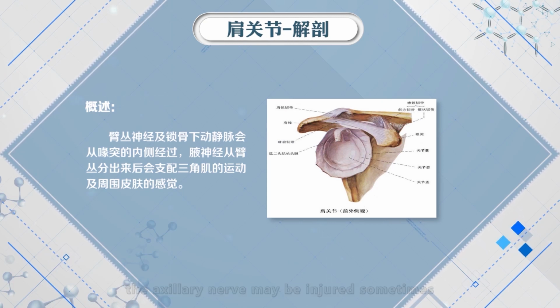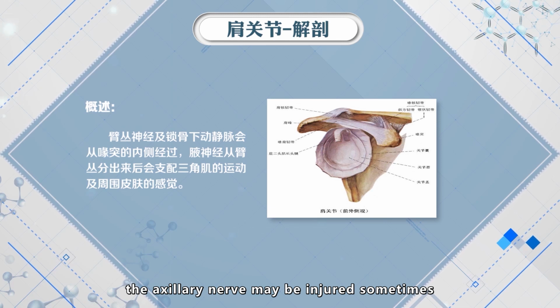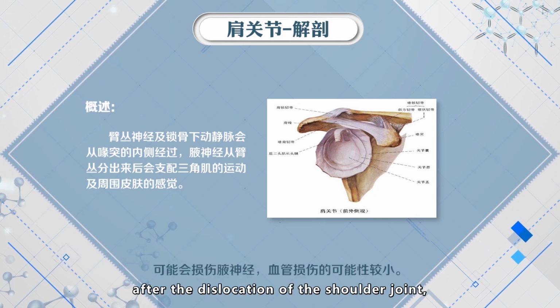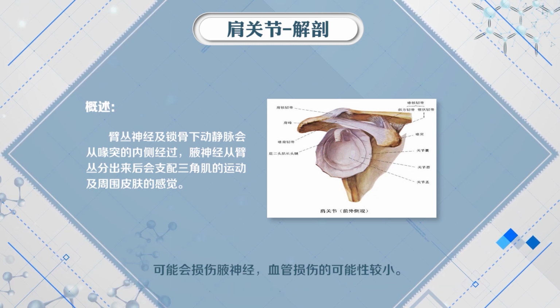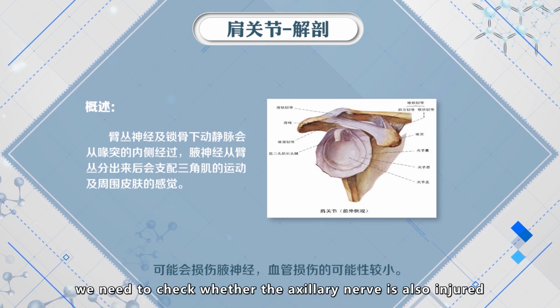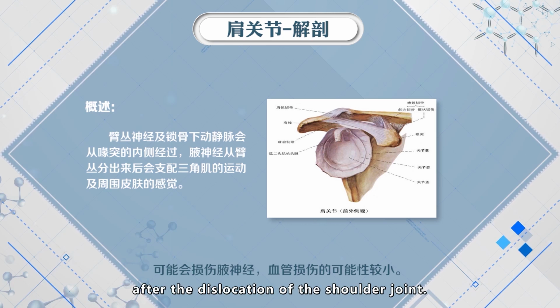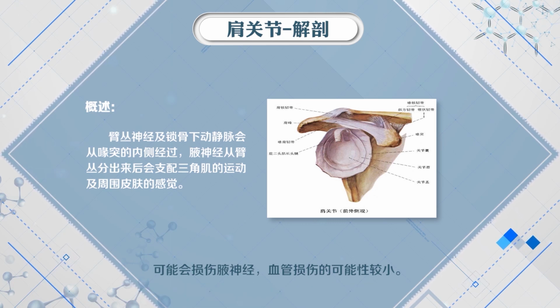Clinically, the axillary nerve may be injured sometimes after the dislocation of the shoulder joint, and the possibility of vascular injury is relatively small. Therefore, we need to check whether the axillary nerve is also injured after the dislocation of the shoulder joint.